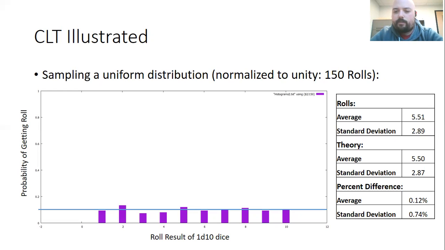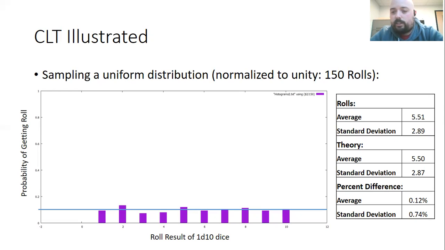Off to the right here, I've shown the statistics concerning the discrete uniform distribution. We get an average of 5.51 from the numbers I rolled, and it's fairly close to the theoretical value of 5.5. Only a 0.1% difference between the two.